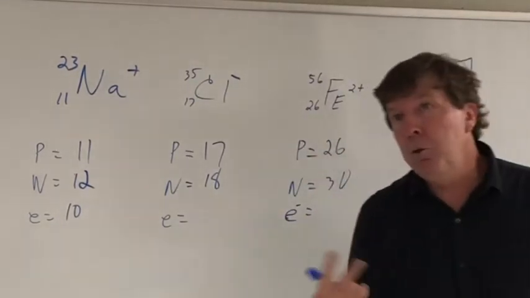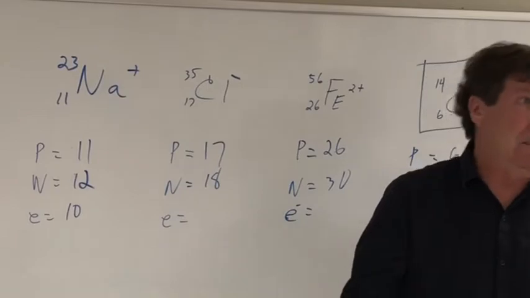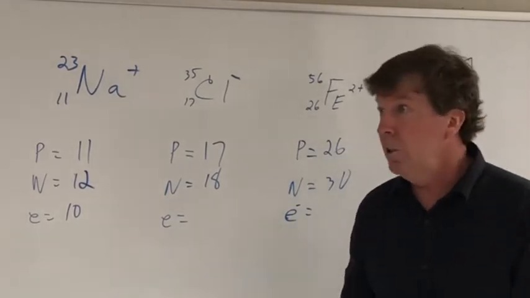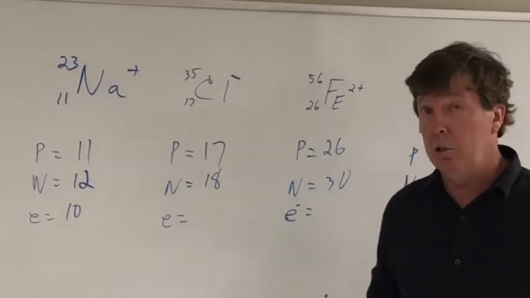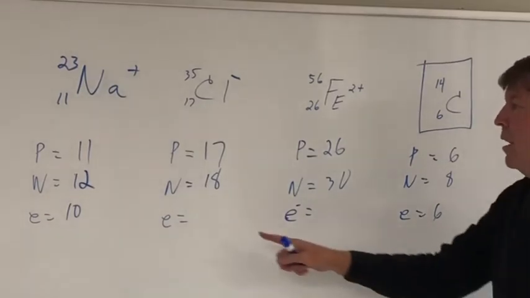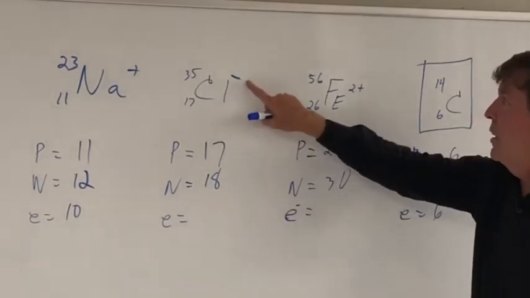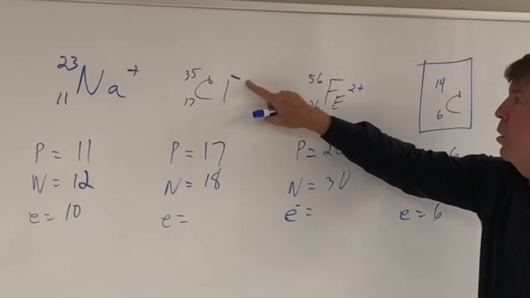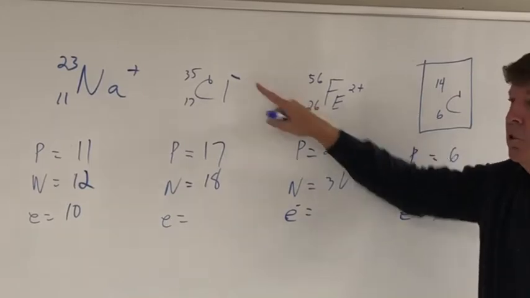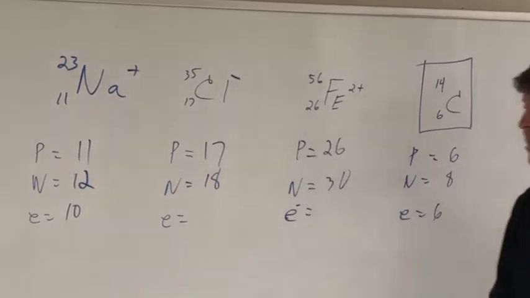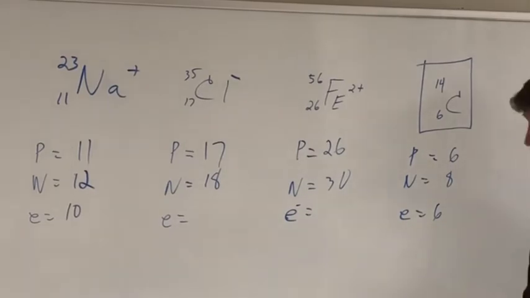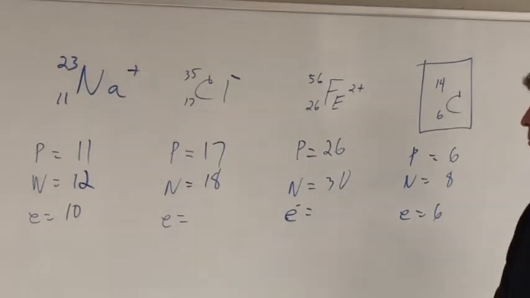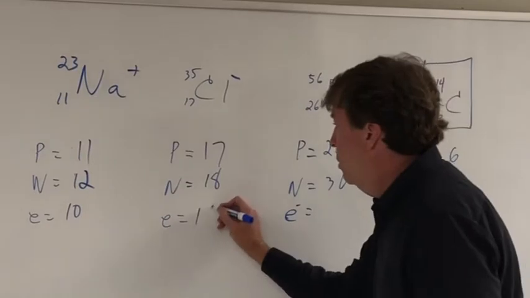If you lost 2 electrons, you would be double positive. If you lost 3 electrons, you'd have a triple positive charge. Somebody at home, now we got a different situation. The chlorine gained an extra electron. So how many electrons does Cl minus have? I said 18. 18. Thank you. So that is correct.